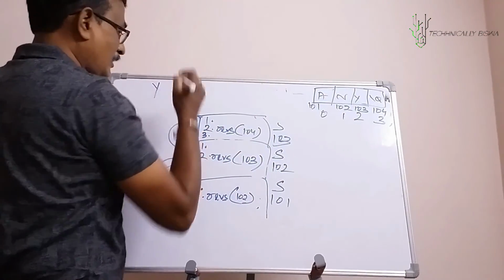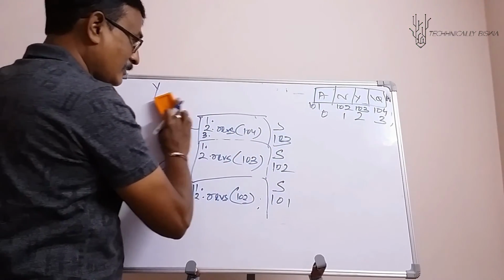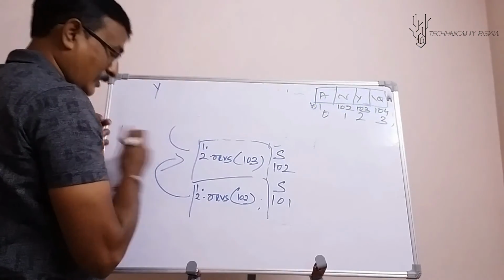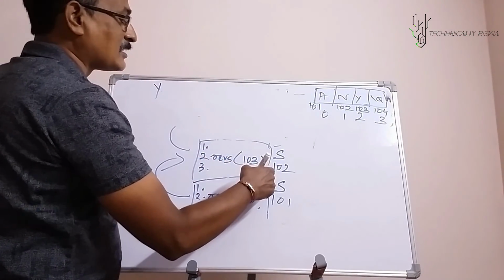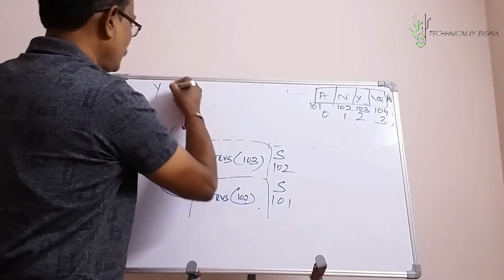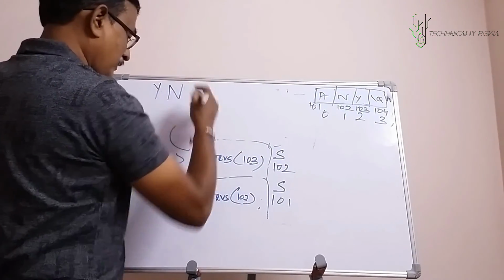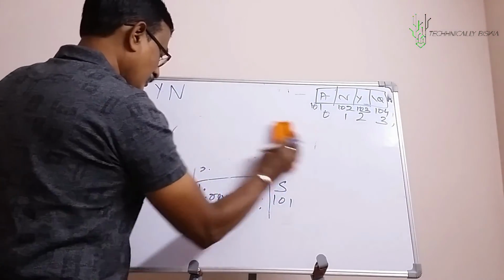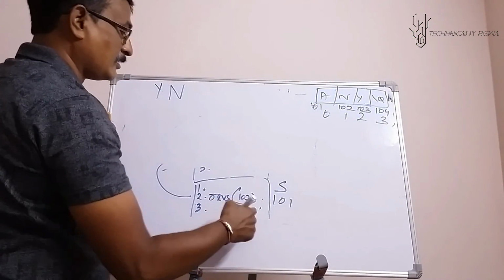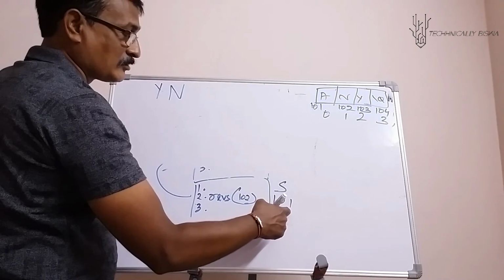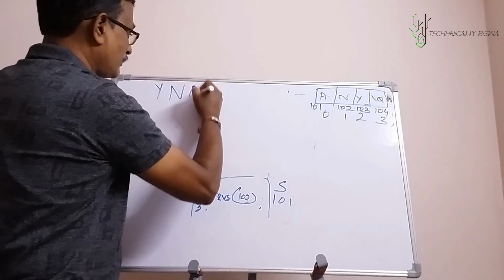Y is printed. This is complete, stack is removed. Again control comes here, line number 3, s has address 102, star s is n, n is printed. Over, control comes here, line number 3 again, 101 is the address with s, a will be printed.